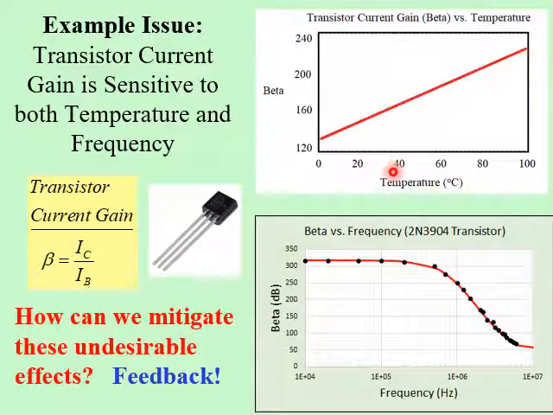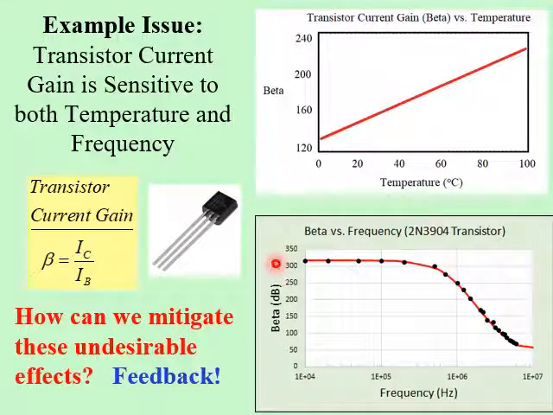And beta also has a strong dependency on operating frequency. This is some data I took from a very common and popular transistor, the 2N3904, which is shown here. And this is the beta, or current gain, plotted versus frequency. This is actually not decibels there, sorry about that. This is the actual value of beta.